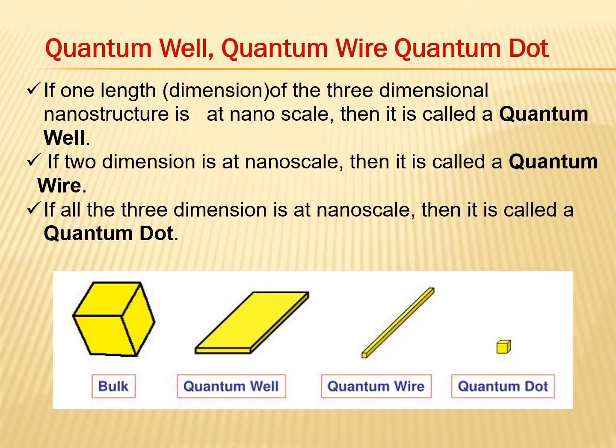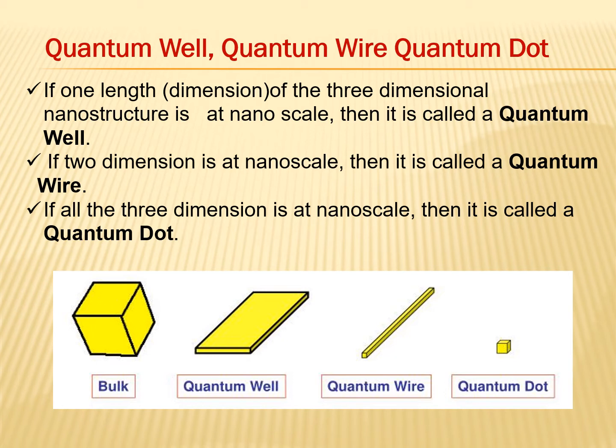Now, what are quantum dot, quantum wire, and quantum well? If one dimension of a three-dimensional nanostructure is at nanoscale, this is called a quantum well. If two dimensions are at nanoscale, it is called a quantum wire.